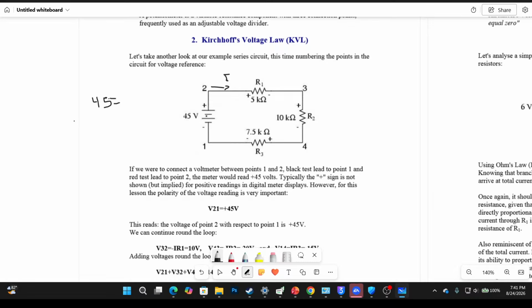So instead of using V1, V2, V3, we can use I multiplying R1 plus I multiplying R2 plus I multiplying R3.